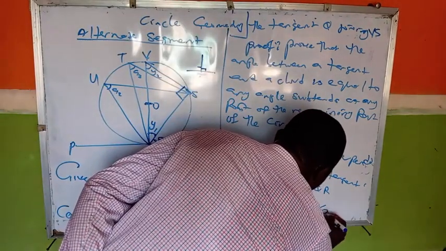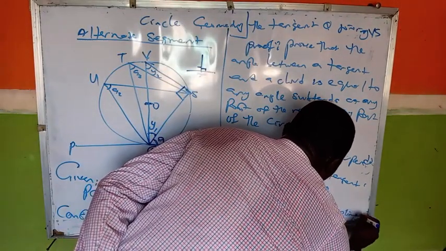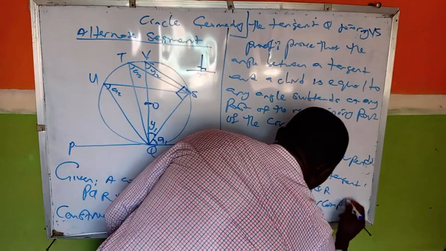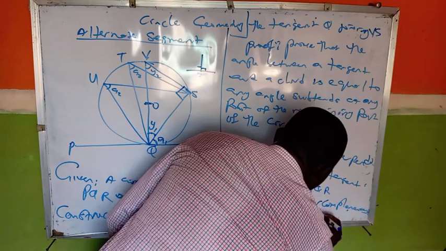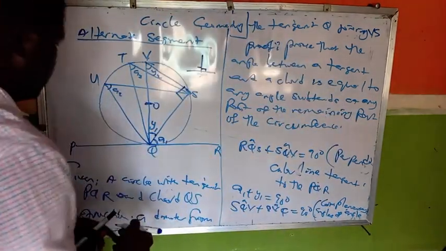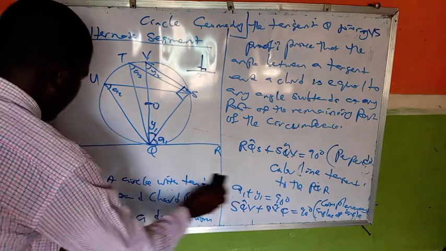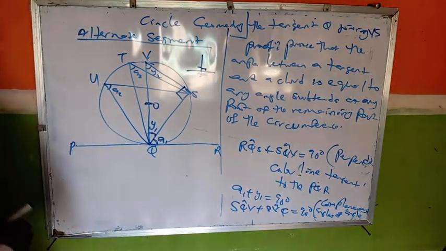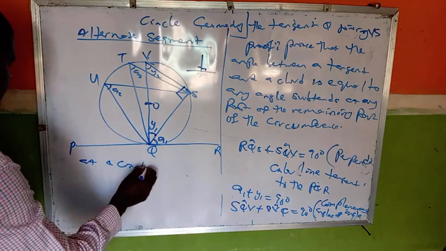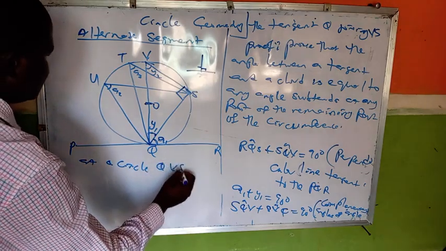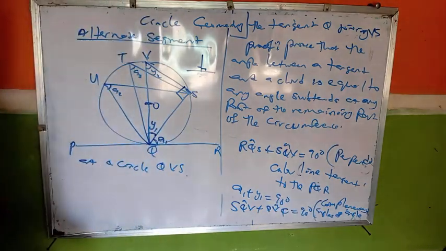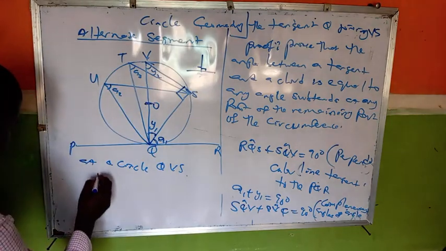That's the angle in the semicircle QXV. When you add two angles together and they give you 90, you call them complementary angles.